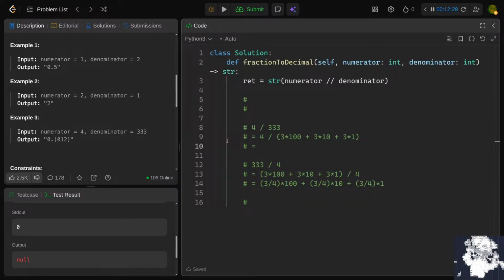What can I do? I mean, I can't distribute the 4, right?